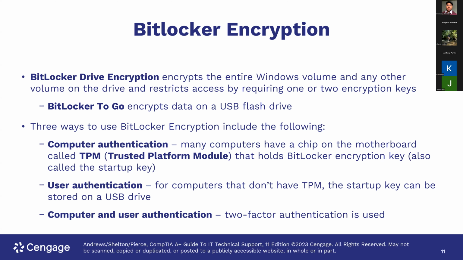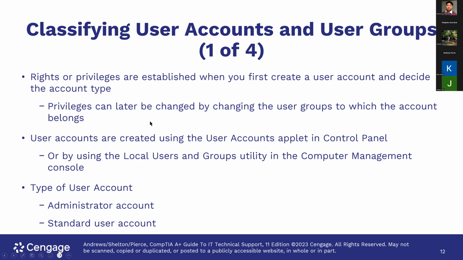Pretty interesting. Here we have classifying user accounts and user groups. The rights or privileges are established when you first create your account. And then they're getting into the theory of least privilege, where you only want to give someone as much access as they need to do the job.